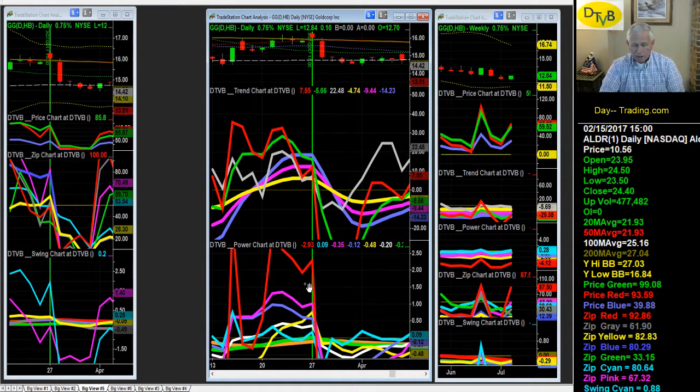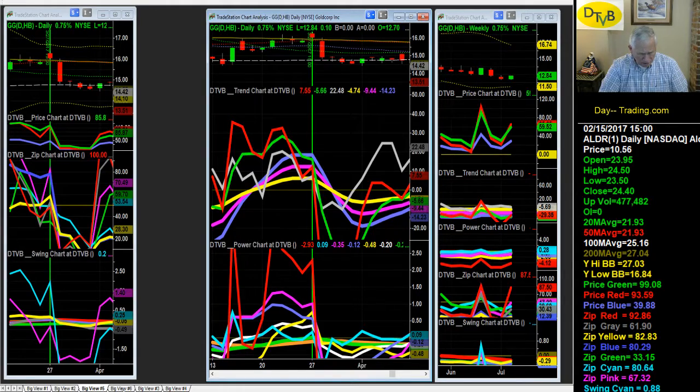The power six is all above the orange line. Every single one of them. And you have some divergence with power pink up, blue down, and that oftentimes is enough. Just to run a scan with pink up and blue down, or the other way around, you can come up with all kinds of good opportunities to invest in the next day.